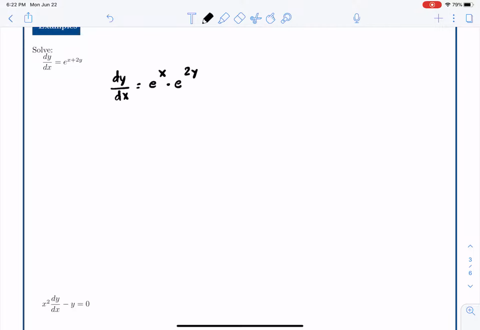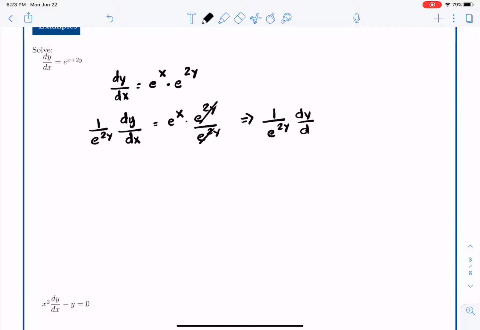I am going to divide by e raised 2y on both sides. That would give me 1 over e raised 2y dy over dx equals e raised x.